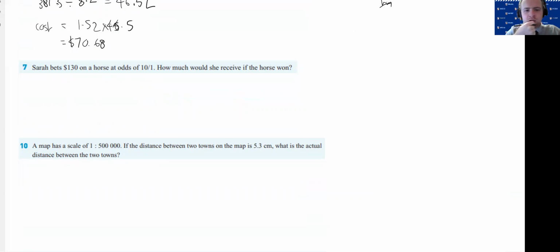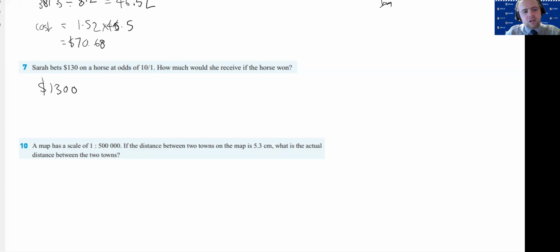So how much would she receive if the horse won? Basically, we just simply need to multiply the amount she bet by 10. Okay, so basically what the odds mean, the 10 part of the odds means that's how many times you multiply what you bet, per one part that you put in here. So she would just simply win 10 times the money that she bet.